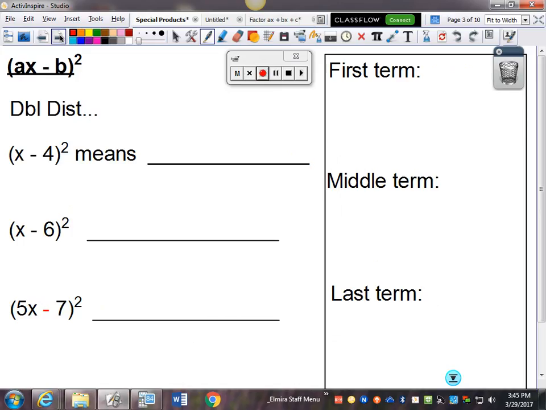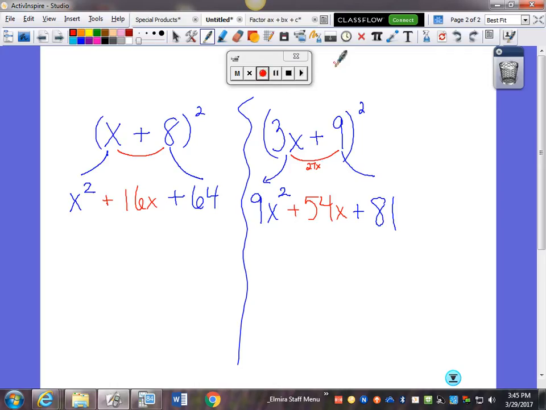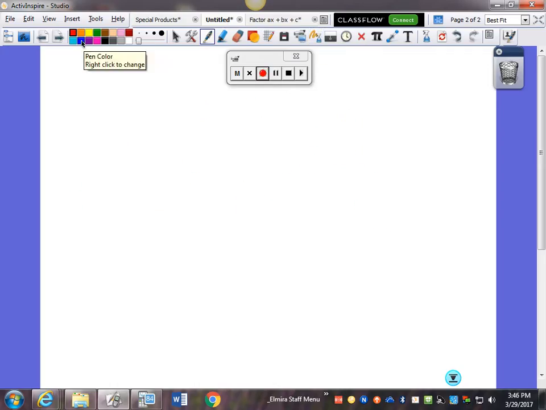Minuses work exactly the same way. Okay? They're not any different. So I'm not going to go through this whole screen with you again. I will do this problem and this problem just demonstrating. So x minus 4 squared. Okay, so x squared.